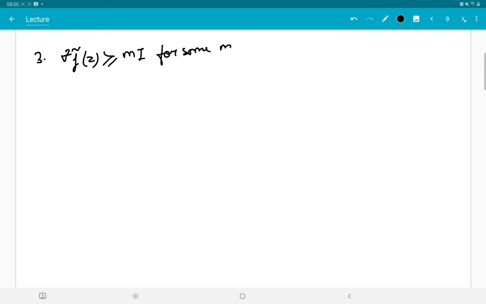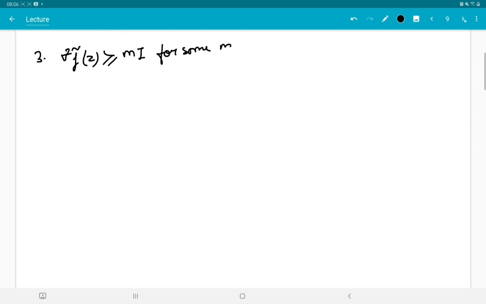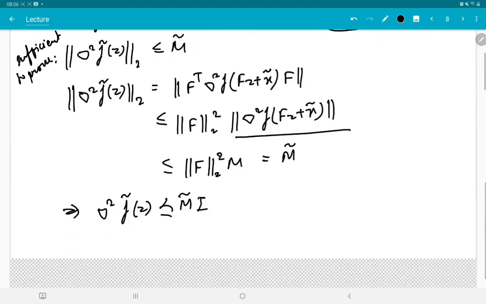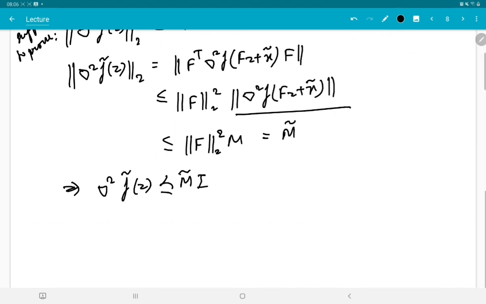What we did is we converted it to the unconstrained problem with f tilde, and we saw that these three things are what we require to analyze the convergence of an unconstrained problem: the Lipschitz condition, the strong convexity, and the boundedness.